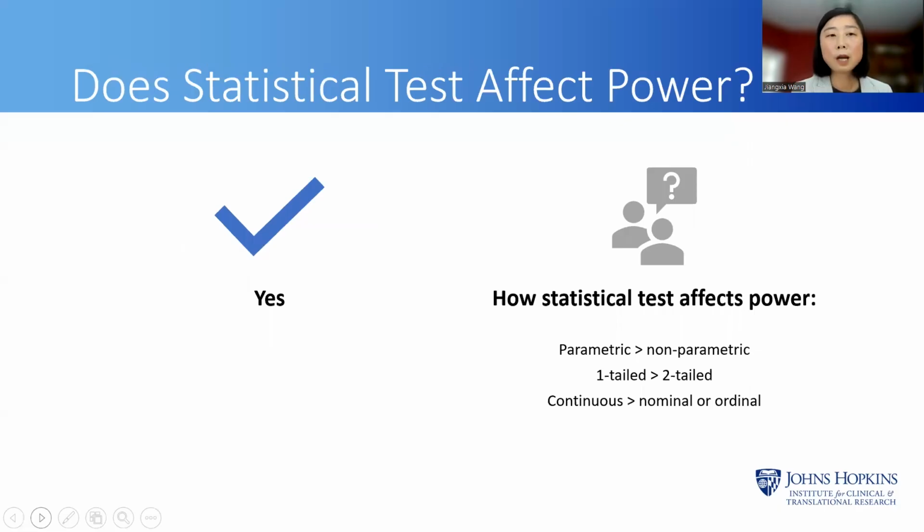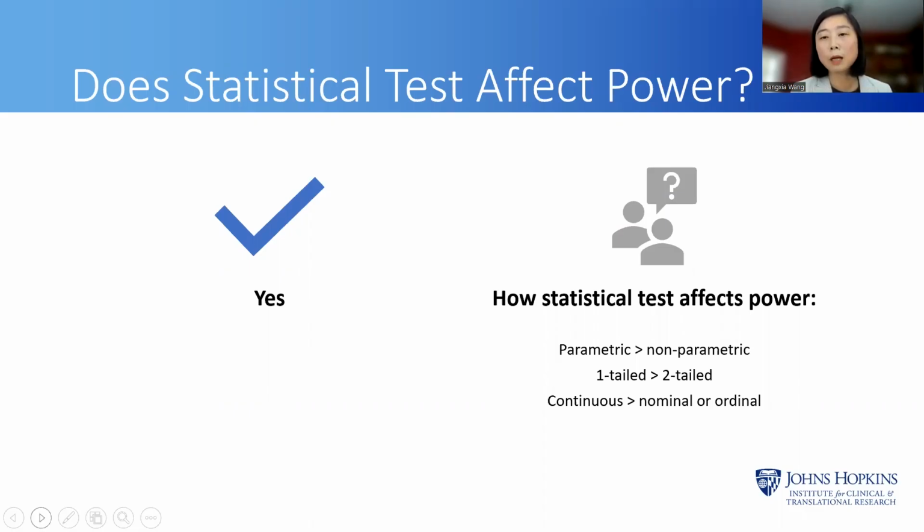And I oftentimes come across this question: does the statistical test affect power? The answer is yes, because this is really related to your study outcomes. If you're going to use a parametric statistical test, usually this test would provide higher power than a non-parametric test.